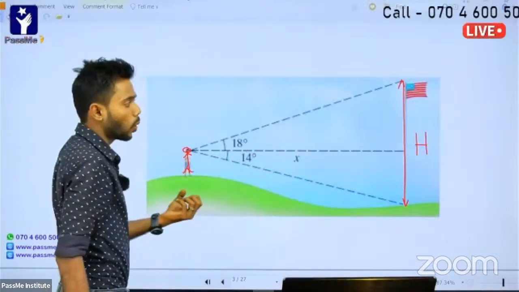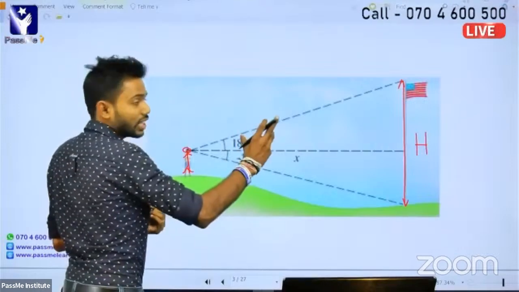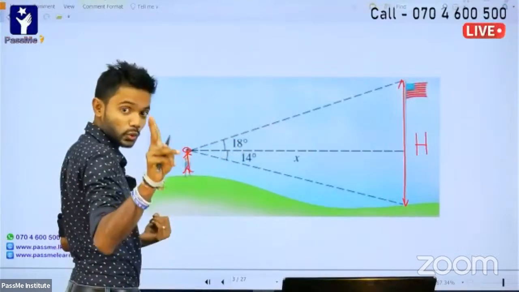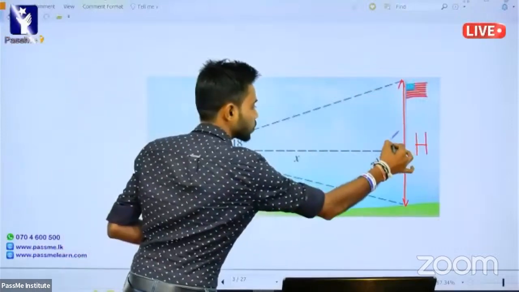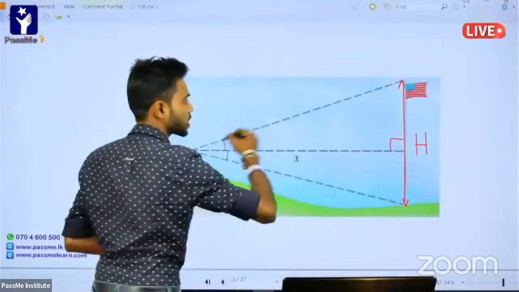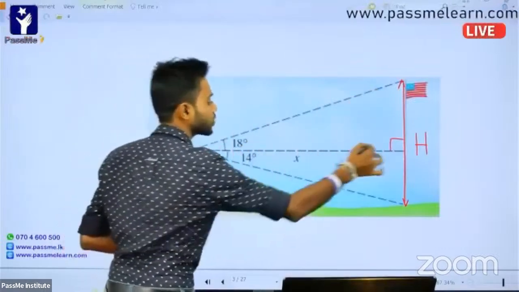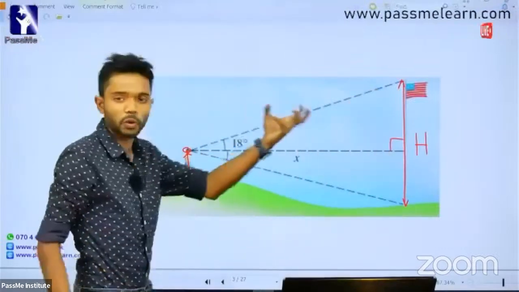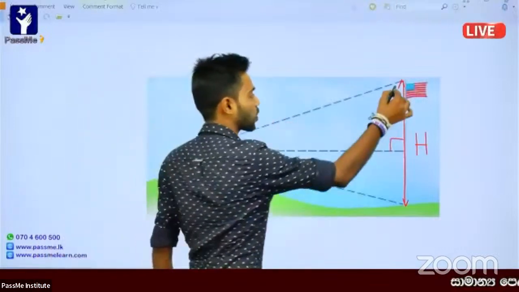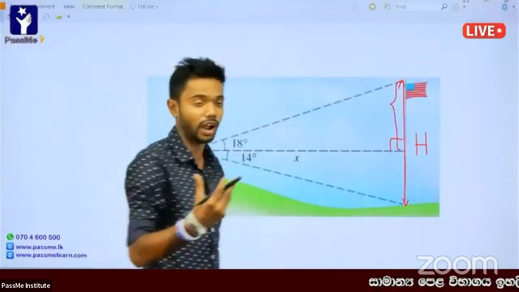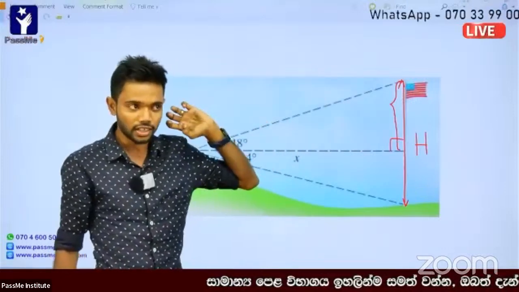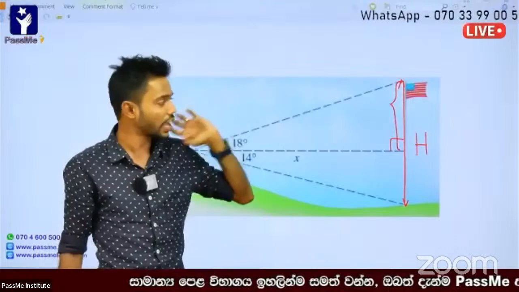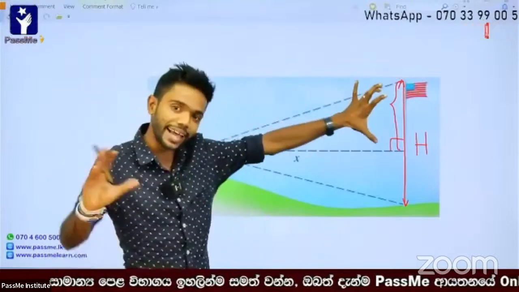Now I will convert this practical question into two right triangles like this. You can see this is the first right triangle and another triangle. In the top right triangle, you can easily calculate this one. I will introduce how to calculate this anyway.